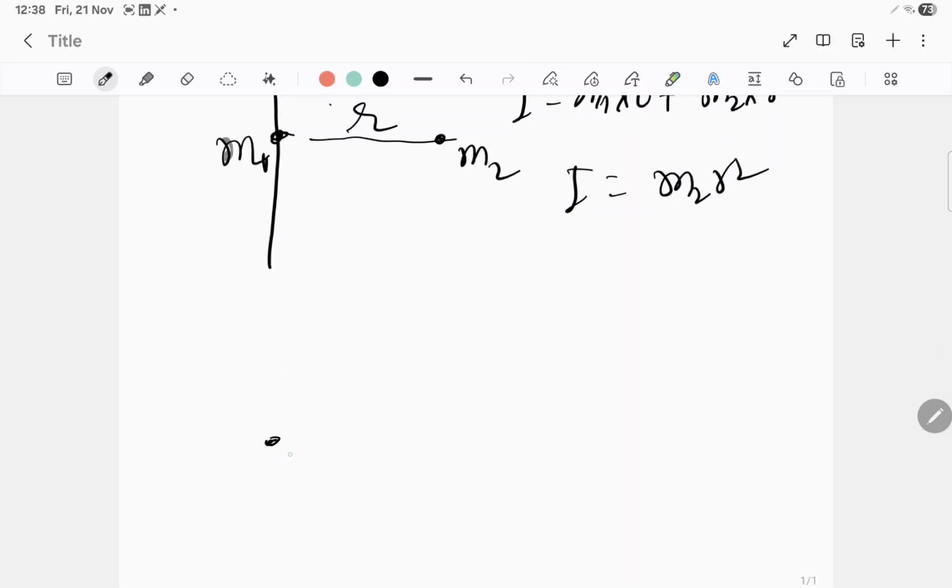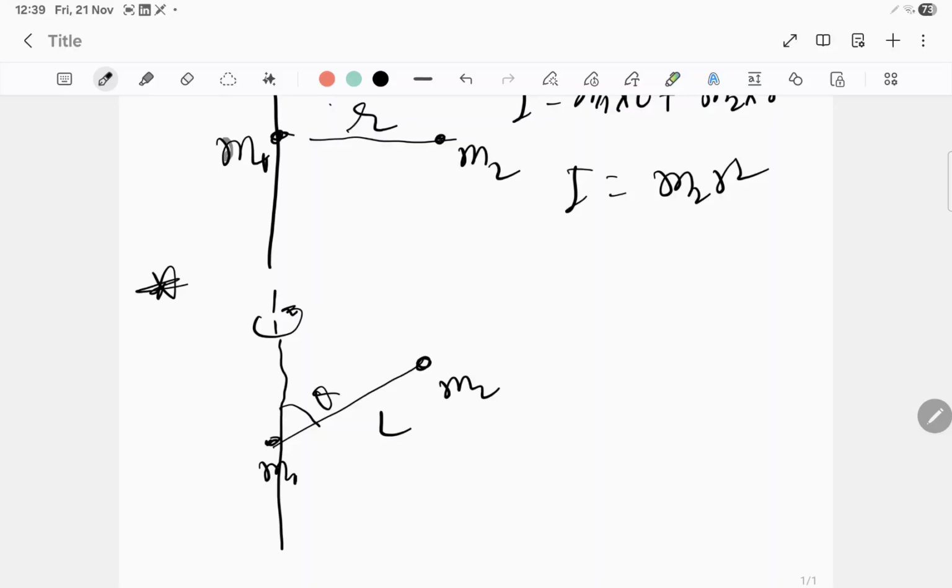This is a mass m1 and another mass m2 at a distance L, and we have to find the moment of inertia about this axis. In this case, it is given that the angle is theta. Again, there is no moment of inertia about this mass m1 because m1 lies on that axis where we have to find the moment of inertia.